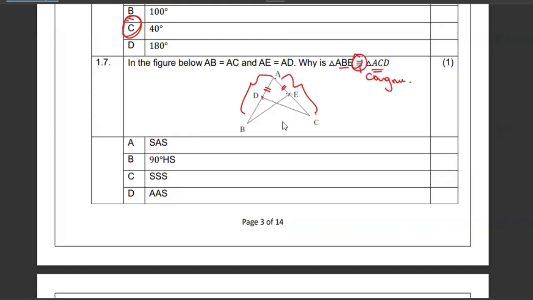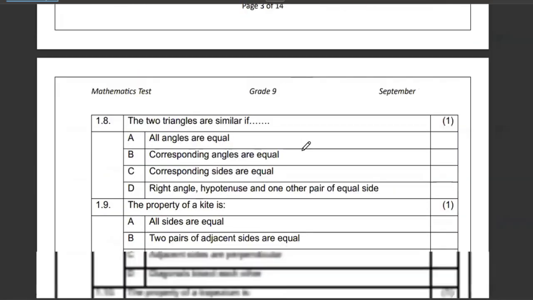For congruency, we said all the sides have to be identical and all the angles must also be the same. But in this case, we're not dealing with angles, we're dealing with sides. So if 2 sides have already been given to be the same, then even the other side will automatically be the same. So option C is going to be the answer. We're looking at all the 3 sides, side, side, side.